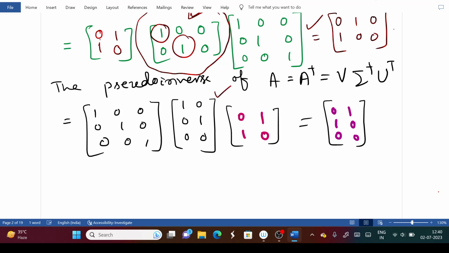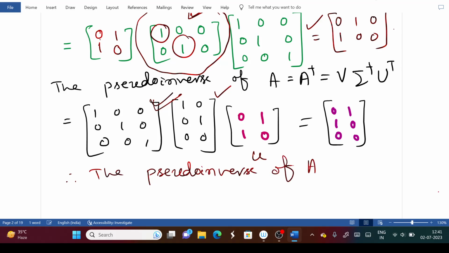Then here, this is my U. Now, whenever U is multiplied with sigma, there will be a row interchange. But this is the identity matrix, so no impact. Finally, this product is equal to this much. Therefore, the pseudo inverse of A, which is A plus, is equal to 0, 1, 0, 1, 0, 0.